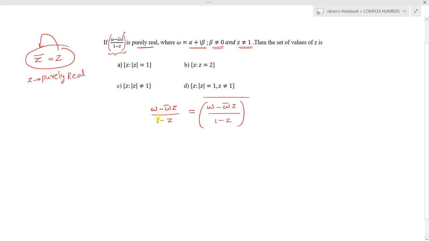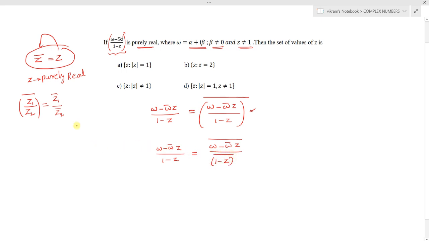Now we will try to solve this condition. In the RHS, the conjugate of z1 by z2 can be written as z1 conjugate by z2 conjugate. So we write (w minus w conjugate z) by (1 minus z) equals (w minus w conjugate z) whole conjugate by (1 minus z) whole conjugate.